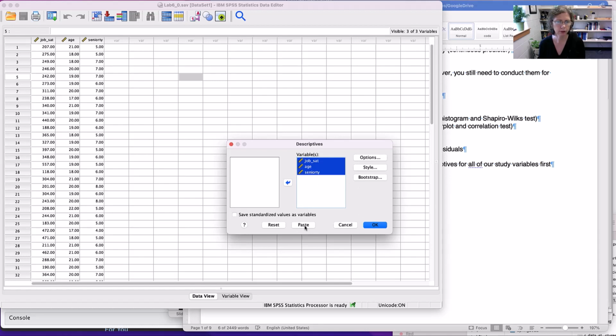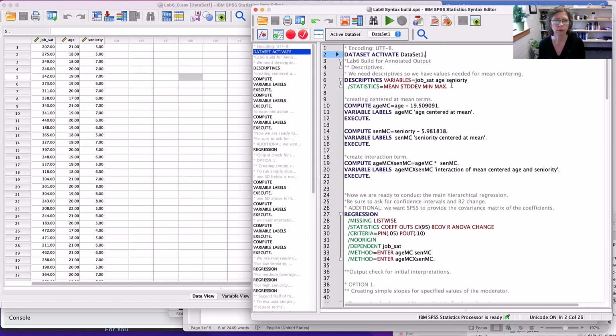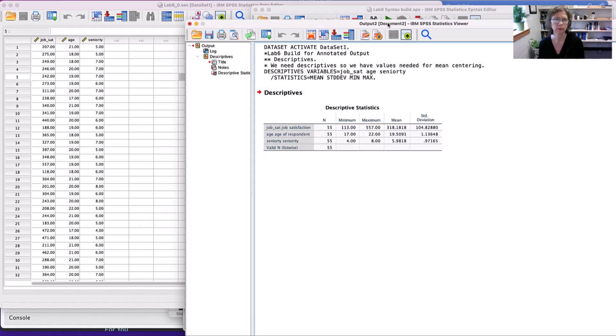And be sure you paste and run from syntax. So I have that my average job sat is 318. The average age for participants is 19.5, and average seniority is, if I round, 6.0.